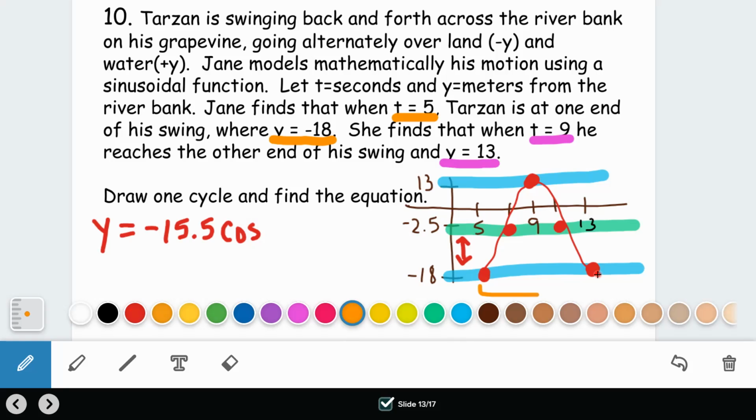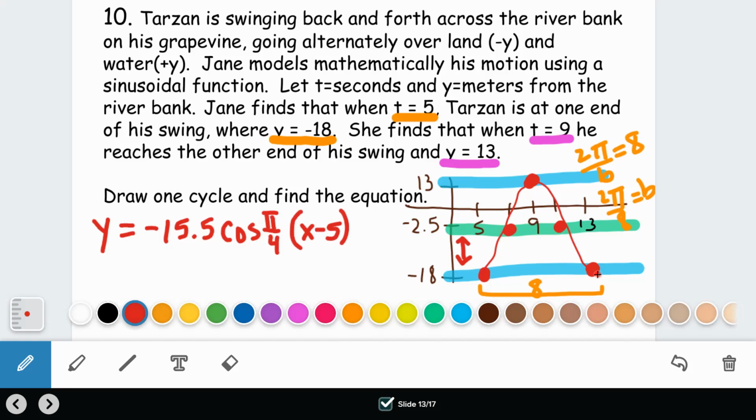My period from here to here is going to be 8. So I am going to take 2 pi divided by b equal 8. When I work that out, I get 2 pi eighths is equal to b, or pi fourths. So this is going to be a pi fourths. I'm starting at 5, so this is going to be an x minus 5. And then my vertical shift is a negative 2.5. And that is our equation.